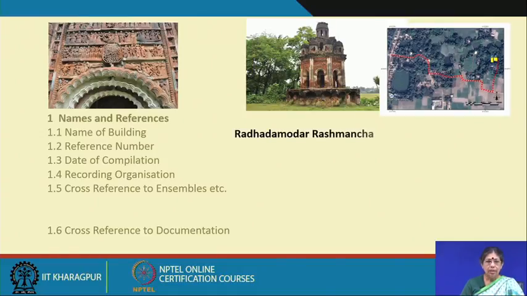Let us say the name of the building is Radha Damodar Rashmanchu, and we have to have some reference number which the person or the project people doing it can devise as a system of documentation or coding. We have followed a system: WB stands for West Bengal and EM stands for East Midnapur, and this is serial number 009.